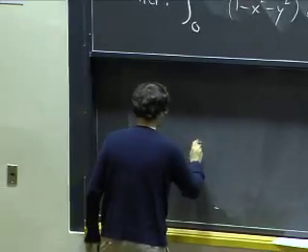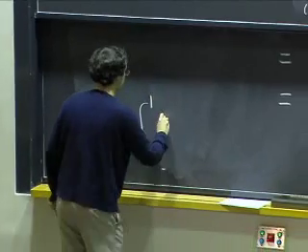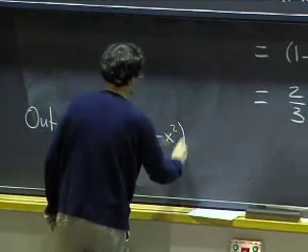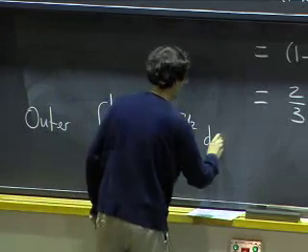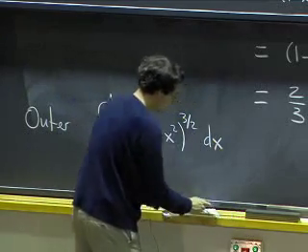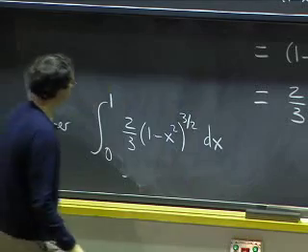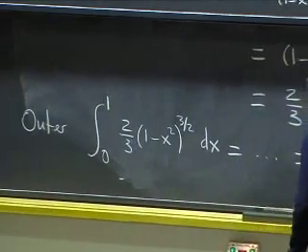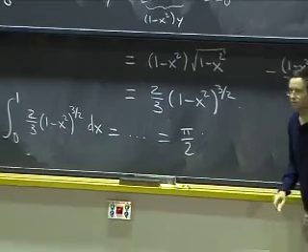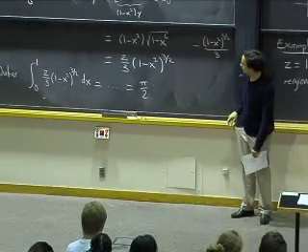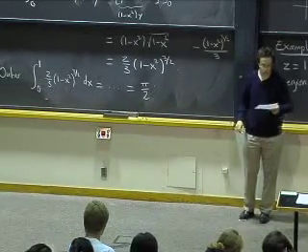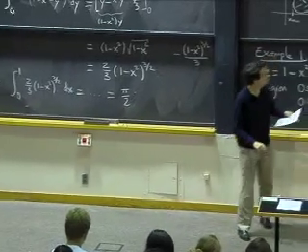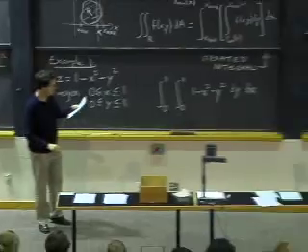The outer integral is the integral from 0 to 1 of 2/3 of 1 minus x squared to the 3 halves dx. And, well, I let you see if you remember single variable integrals by trying to figure out how this actually comes out to be. Is it pi over 2 or pi over 8, actually?